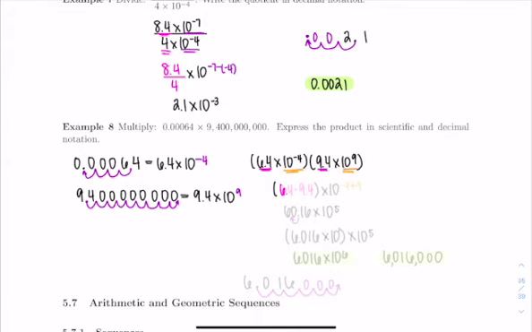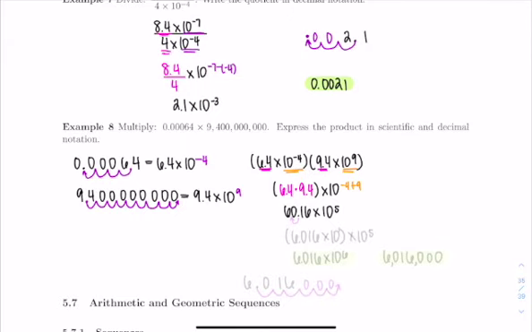So we have 6.4 times 9.4, and then we need to add the exponents. We have negative 4 plus 9. So 6.4 times 9.4 is 60.16 times 10 raised to the negative 4 plus 9, which is 5.